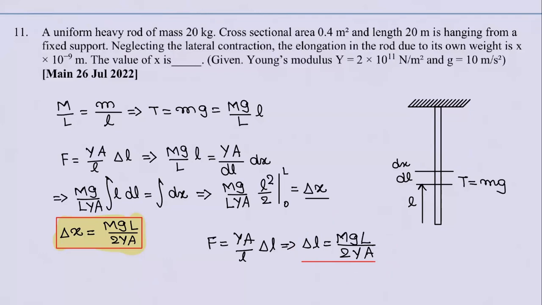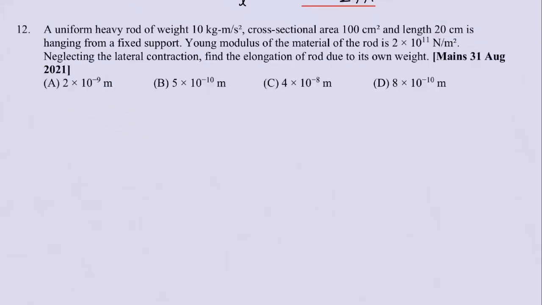Okay, question number 11. Go ahead. Actually, question number 12 is simple, the previous one only. Same thing, and that too it is given August 2021, check it. The other one is July 2022, the previous question. So I recommend you remember center of mass length. So a uniform rod of weight 10 kg.